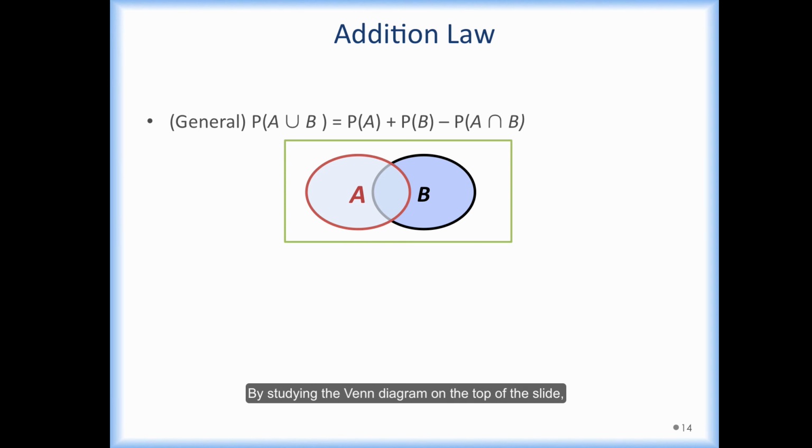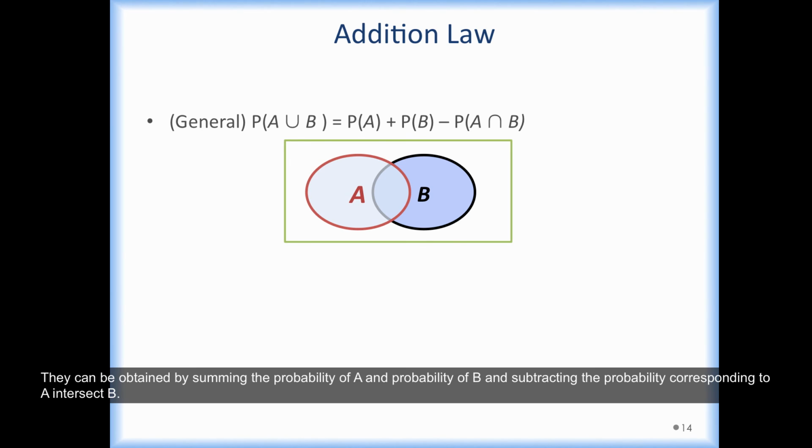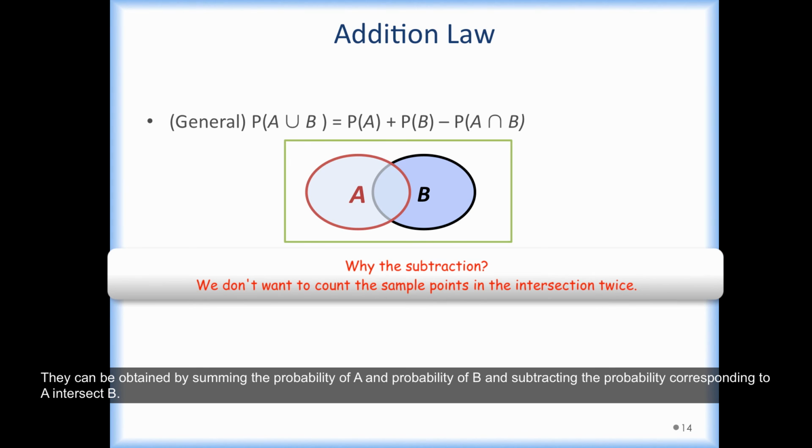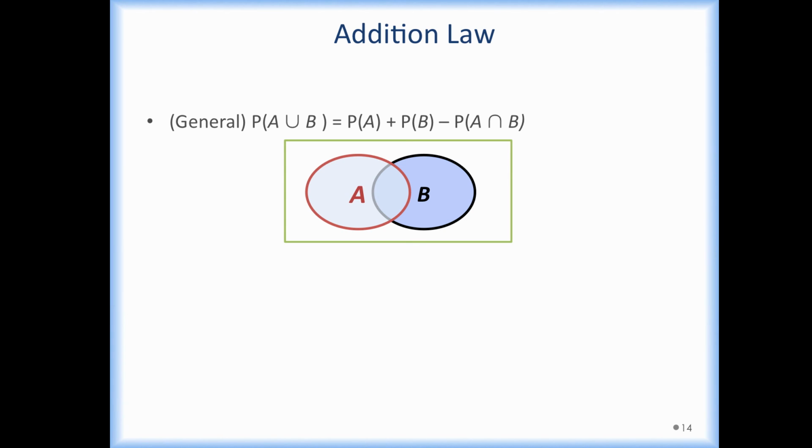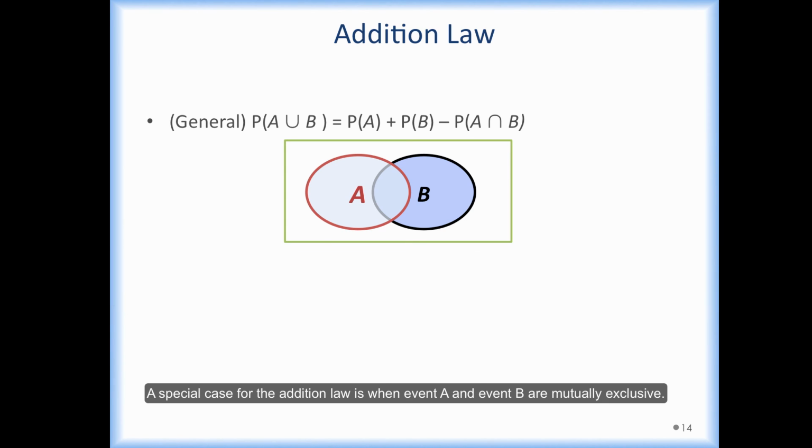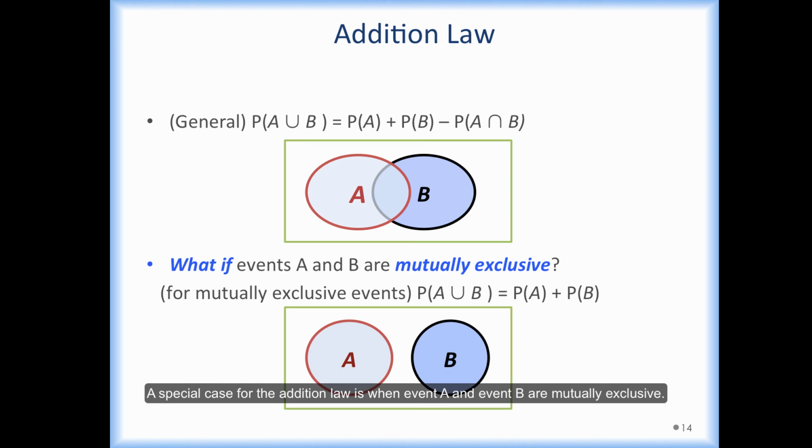By studying the Venn diagram on the top of this slide, you can see that the probability of the union of the 2 events A and B can be obtained by summing the probability of A and the probability of B and subtracting the probability corresponding to A intersect B. A special case for the addition law is when event A and event B are mutually exclusive.